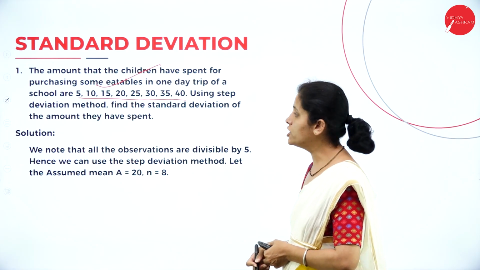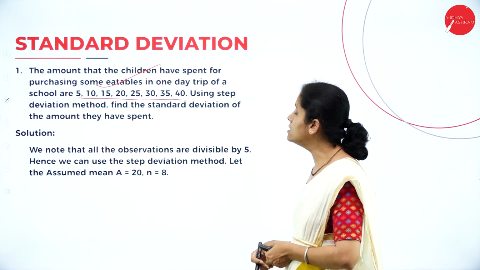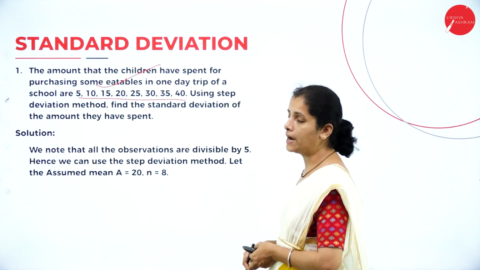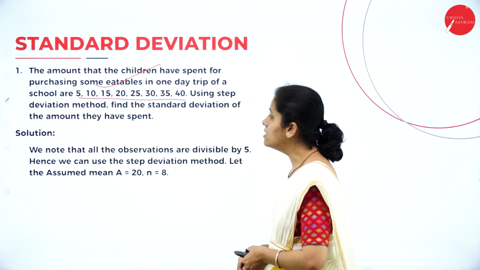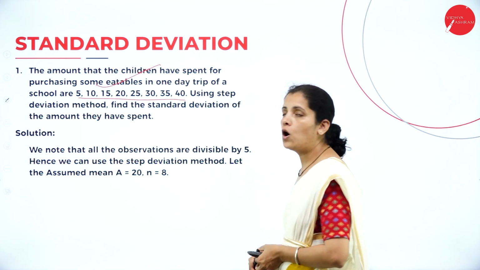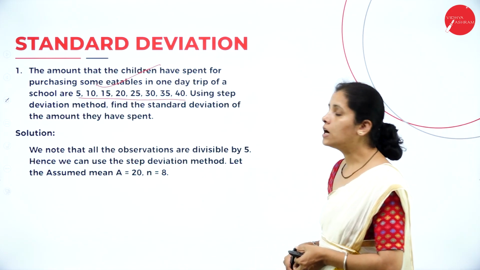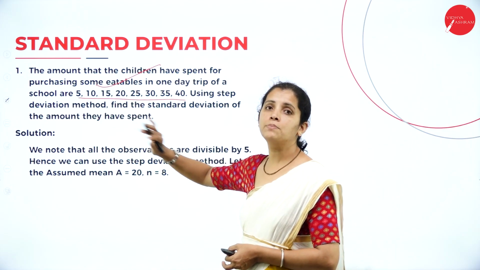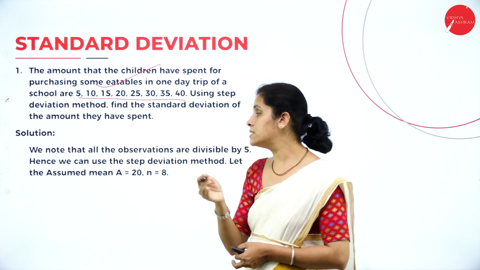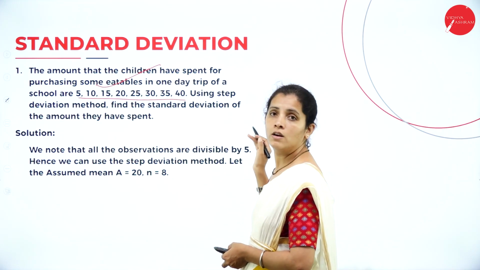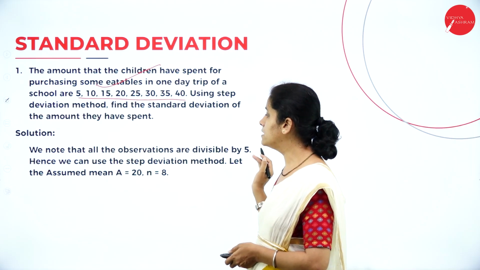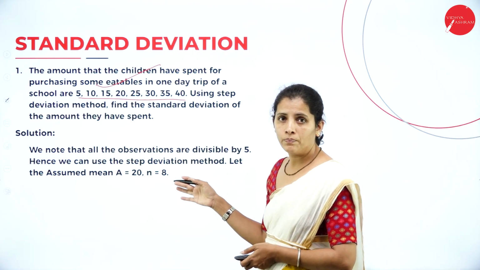Using the step deviation method, find the standard deviation of the amount they have spent. Here we note that all the observations are divisible by 5, so all the numbers are multiples of 5. What is the common factor C here? That is 5.